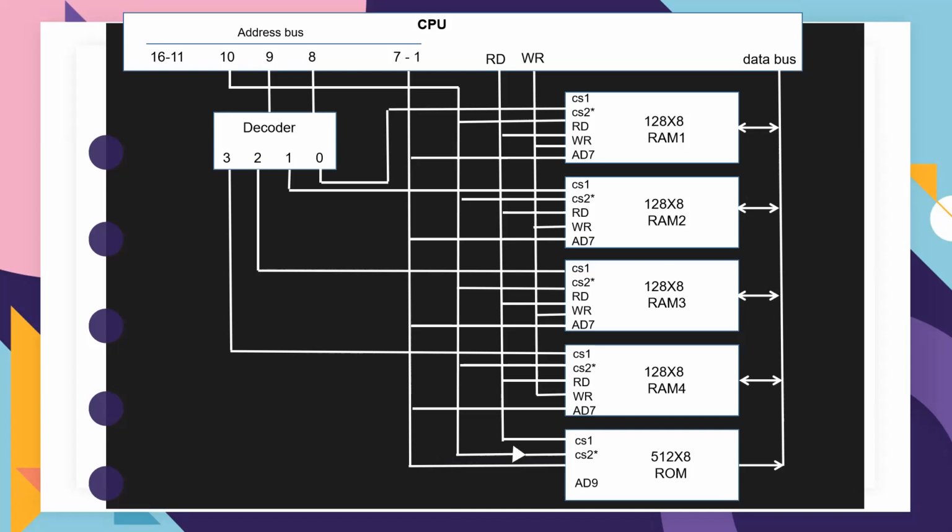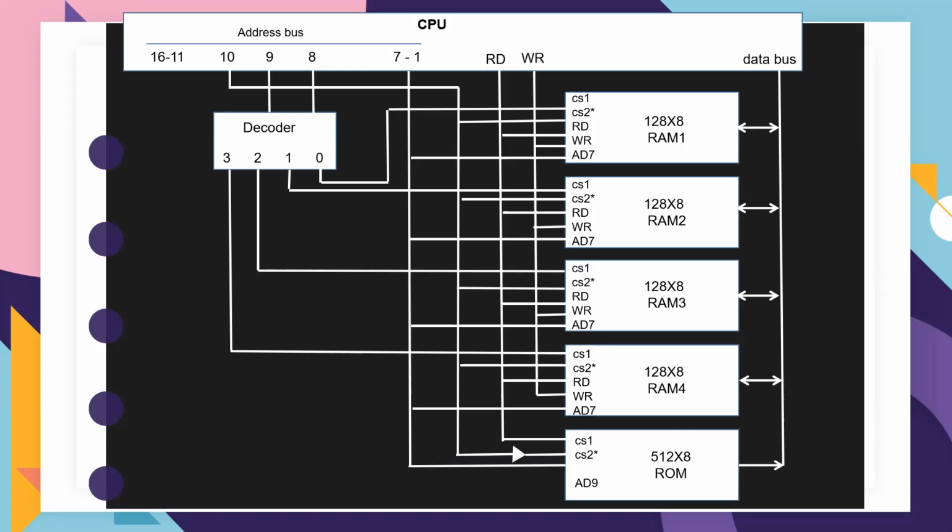And at last, the address lines. The address lines 1 to 7 are connected to the ROM, but the ROM takes the address lines from 0 to 9, so two more address lines should be connected to the ROM.